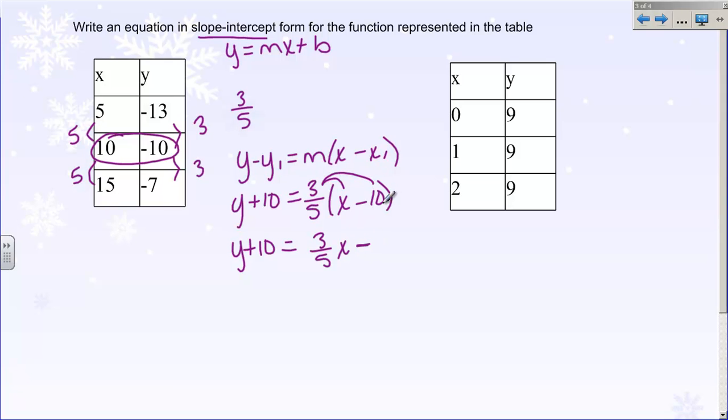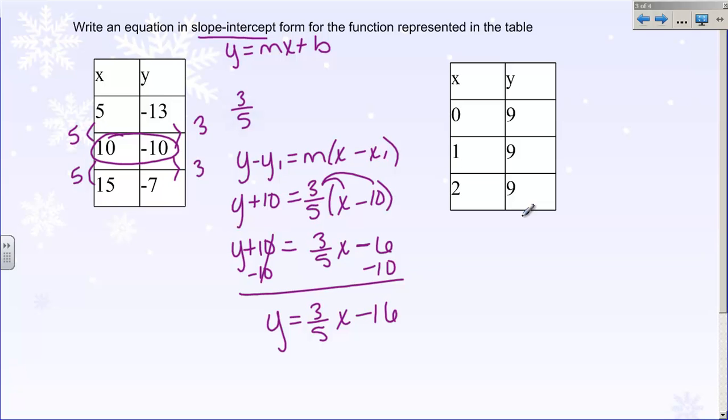Well, 3 times 10 is 30. And 30 divided by 5 is 6. To get to slope-intercept form, I want y by itself. So I'm going to subtract 10 on both sides. So I end up with y equals 3/5 x minus 16. That right there is going to be the equation of your line for that set of points.